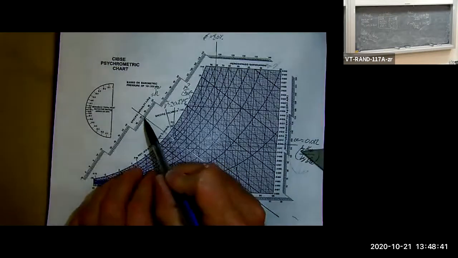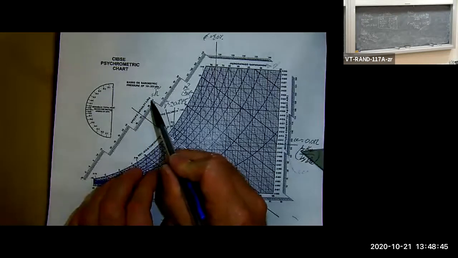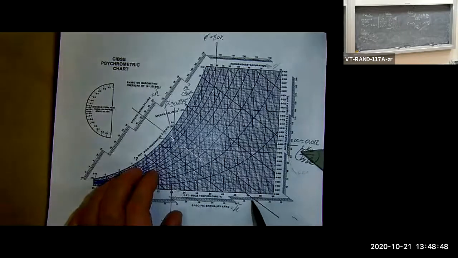So this says this is 50, 51, 52 kilojoules per kilogram of dry air. And this is 50, 51 right here, kilojoules per kilogram of dry air.